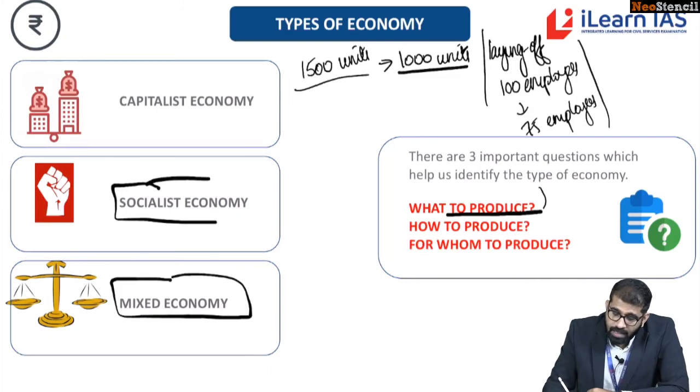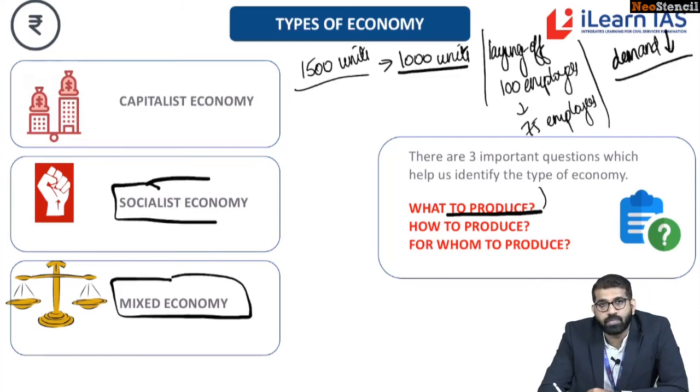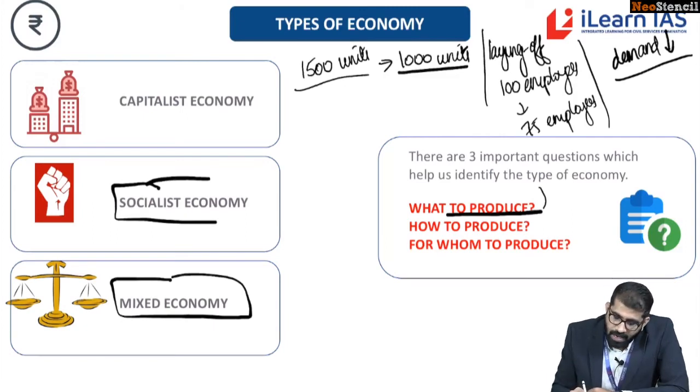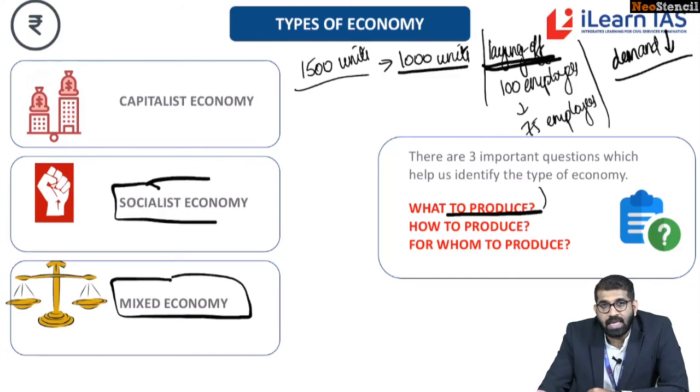Demand in other sectors will also start coming down. Clear? When demand in other sectors starts coming down, it will further have an impact on other sectors, and those sectors will also start laying off their employees. Once they also start laying off employees, the overall economy will have significantly lower demand, right?